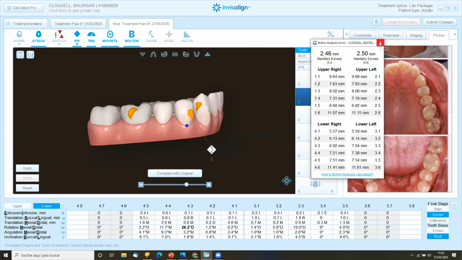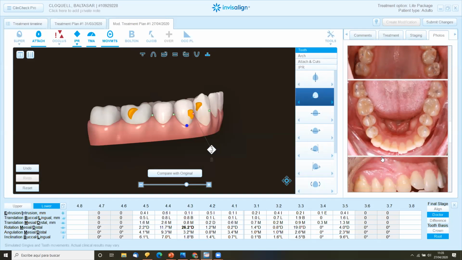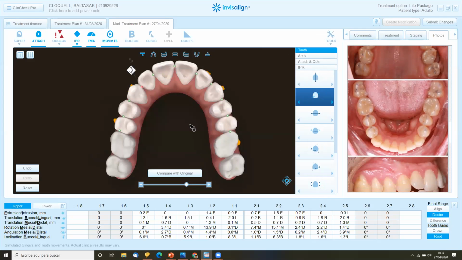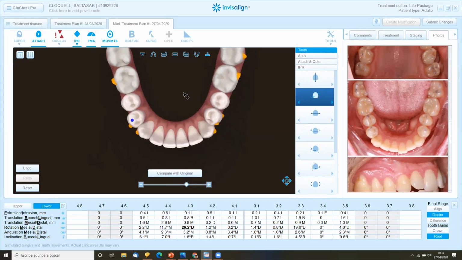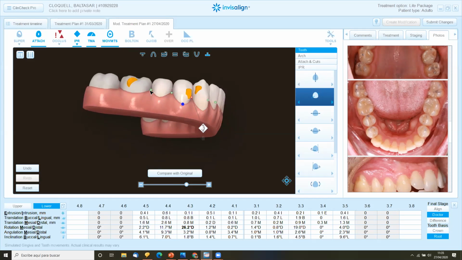Maybe if I look at the table, we can do it. Okay, but this is up to you, always up to you. Remember, you are the doctor, you are the only one deciding, okay? So if it was my patient, I would plan IPR also here. Then we will have to check again the final occlusion, of course, in the next Clincheck plan.